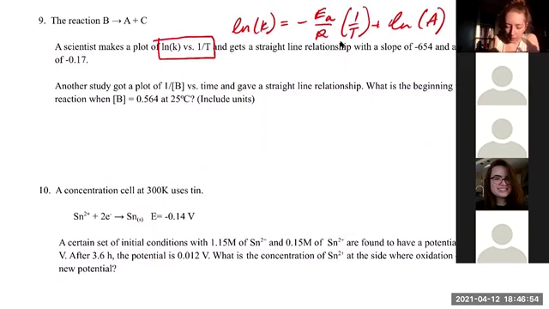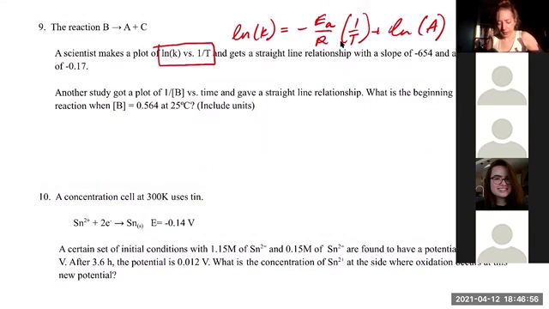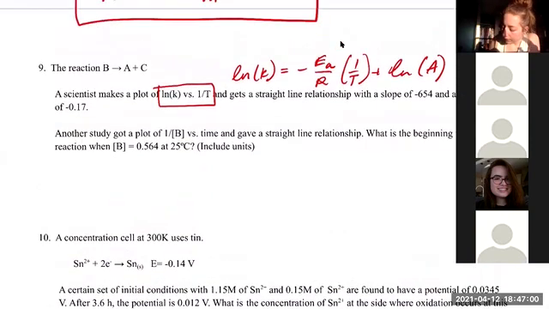So we're told we get a straight line relationship here with the slope of negative 654. Where's that slope coming from? So we have y equals mx plus b. We have a y-intercept of negative 0.17.